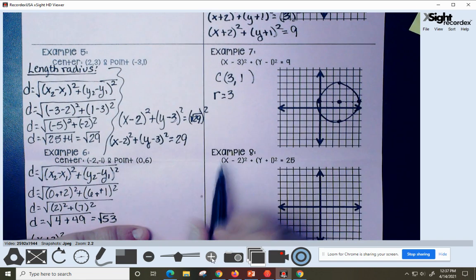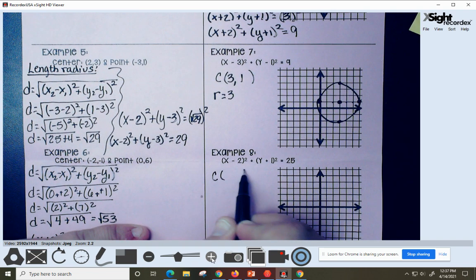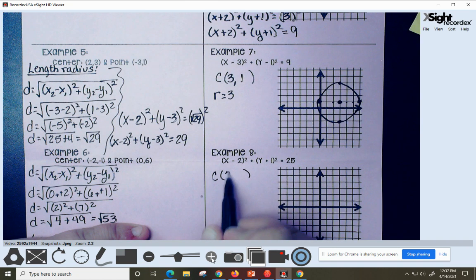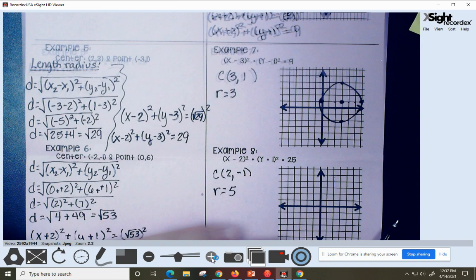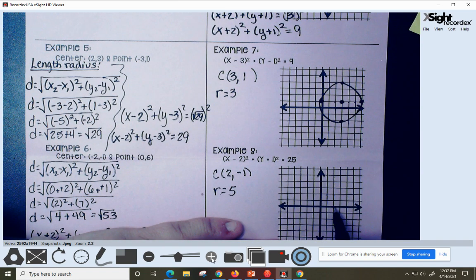So on this one, my center, opposites, 2, negative 1. Take the square root of that, and it gives me 5. So I'm over at 2, down negative 1. And we'll count out the 5. 1, 2, 3, 4, 5. Center, 1, 2, 3, 4, 5.